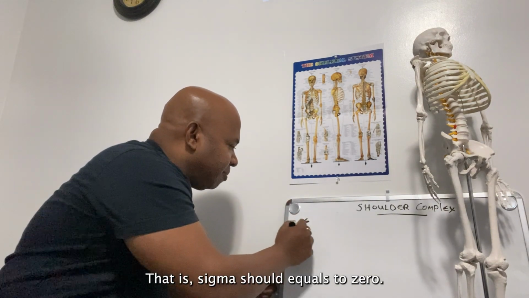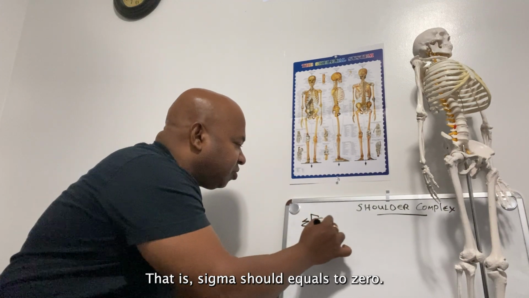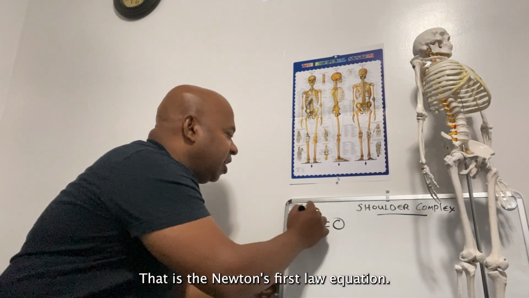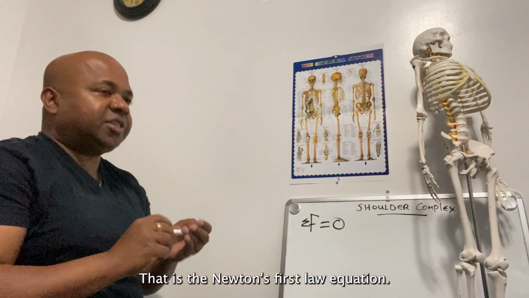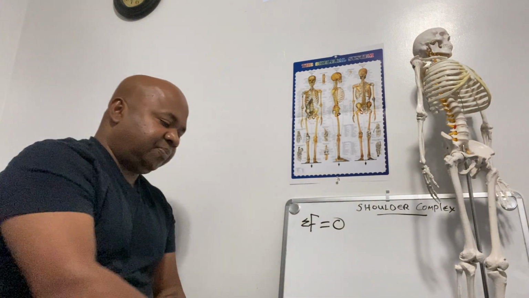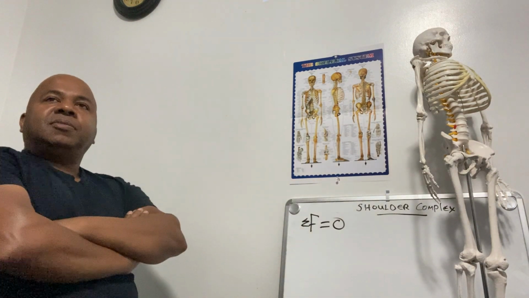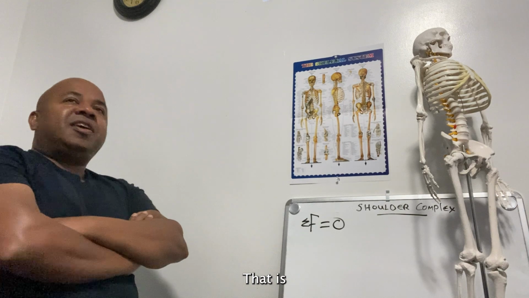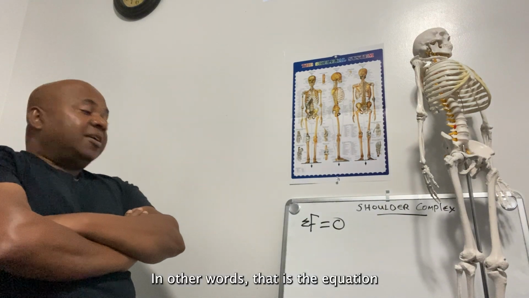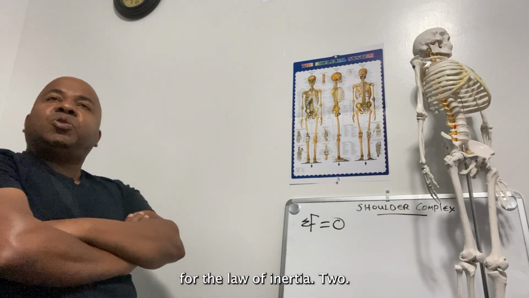That is, sigma F should equal 0. That is Newton's first law equation. Sigma F should equal 0. In other words, that is the equation for the law of inertia too.